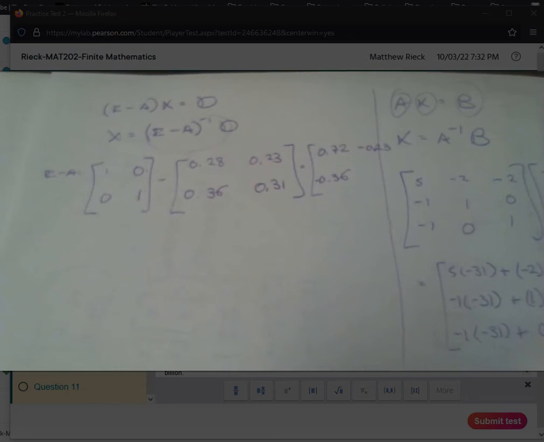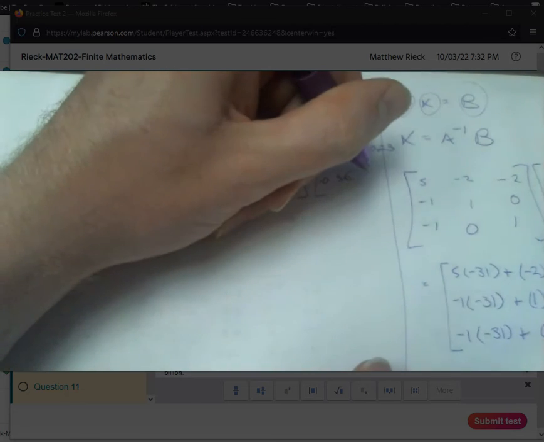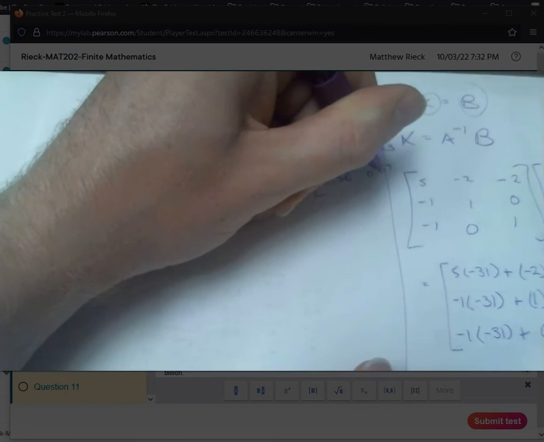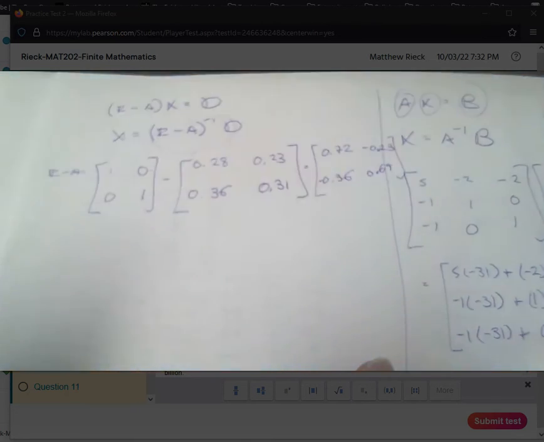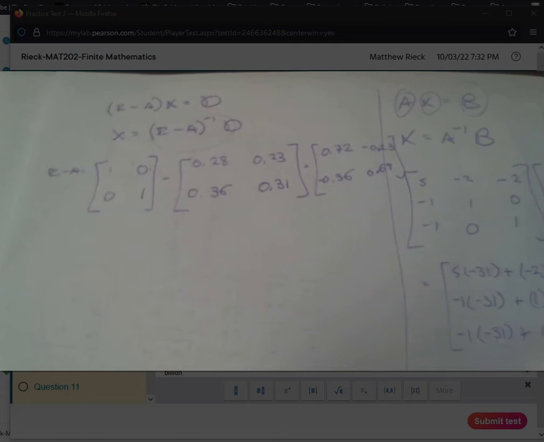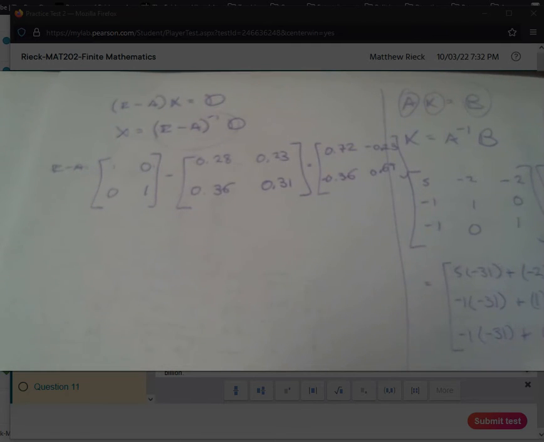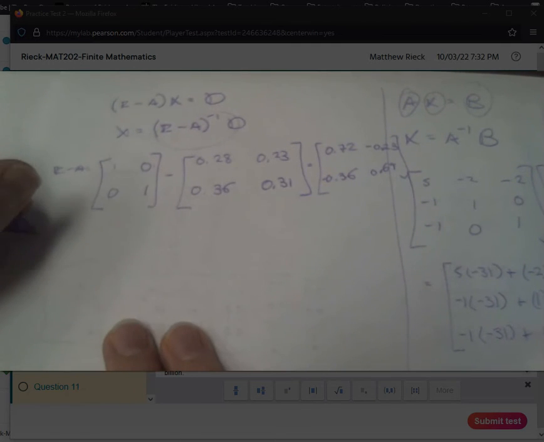And finally, 1 minus 0.31 is going to be 0.69. So that's my I minus A. So then I need to figure out (I minus A) inverse.